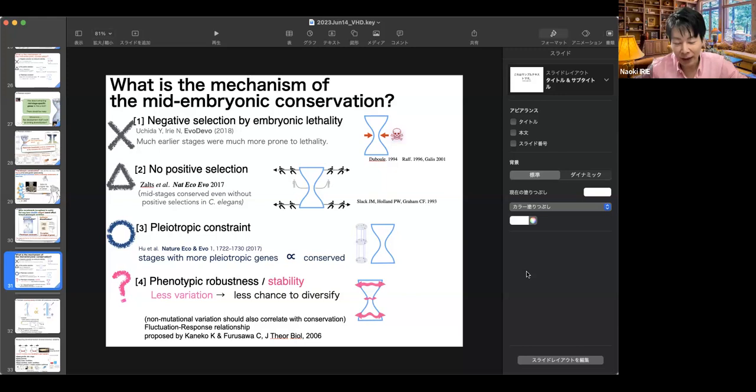It's also possible that this is just a consequence, and then phylotypic constraints or stable or robust stages appear just because of natural selection. That's possible.